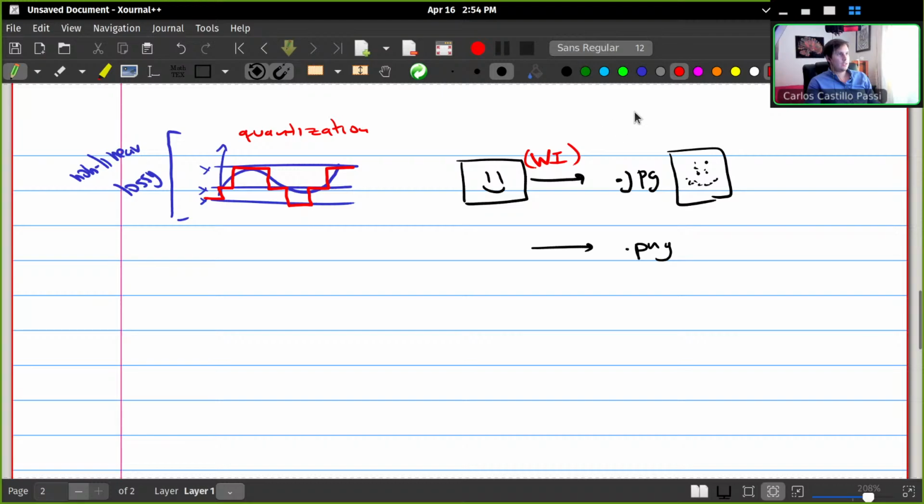This, by the way, is the image. And this is a matrix that represents the wavelet transform. The wavelet transform is in fact a linear transformation.